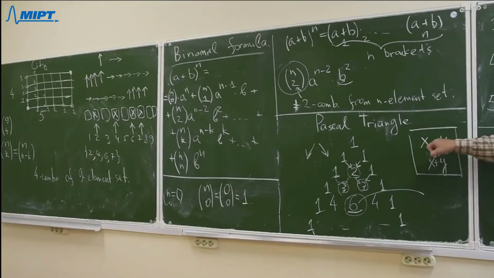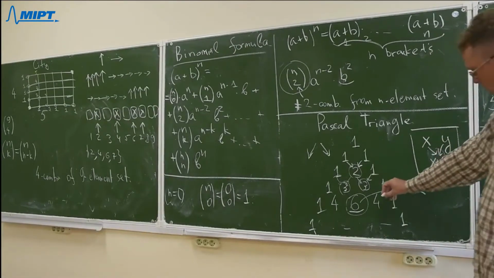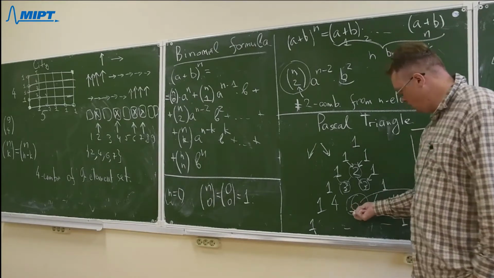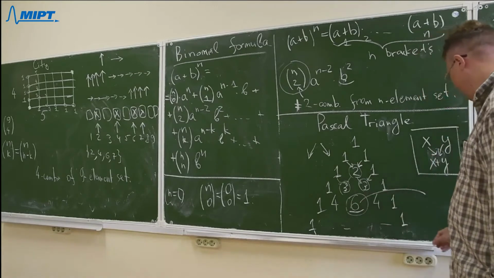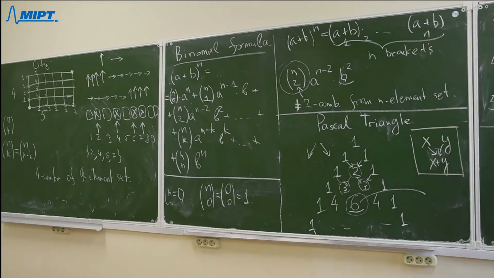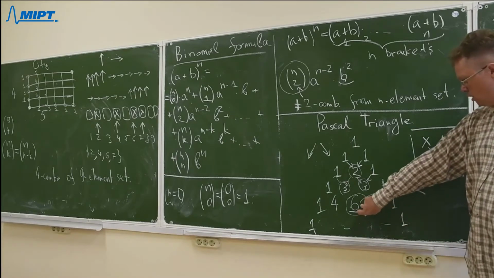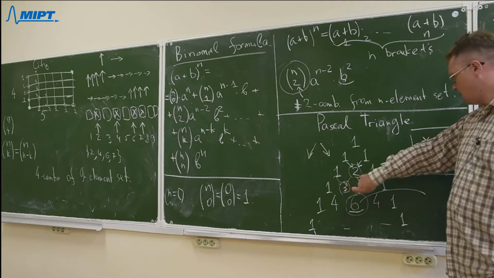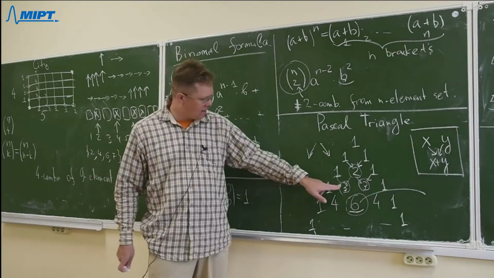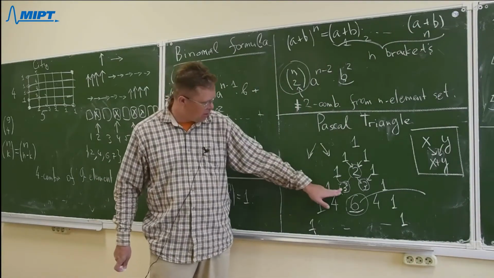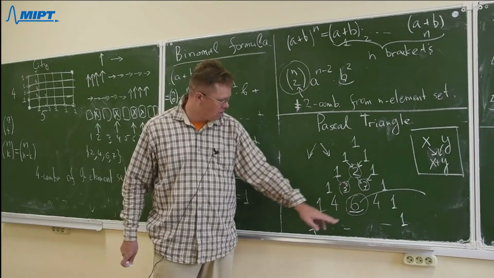We can prove this the other way, because the main rule of Pascal's Triangle is that we sum some numbers here. So if we want to find, for example, the number 6, I summarize 3 and 3. If you want to get the second number in the fourth row, I need to take the sum of the second number in the third row and the third number in the third row.